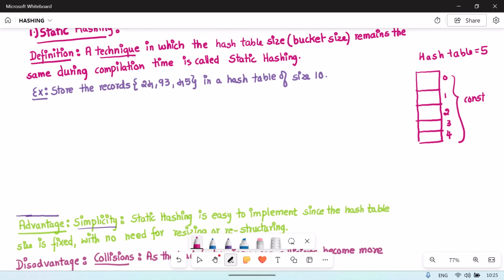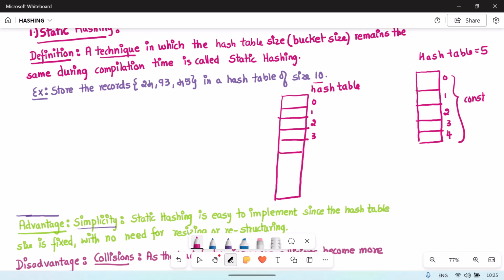See, I have taken an example: store the records 24, 93, and 45 in the hash table of size 10. Now, when you look at this, you should be able to draw the hash table like this. It's a hash table, and the size is 10. So 0, 1, 2, 3, 4, 5, like this up to 9.